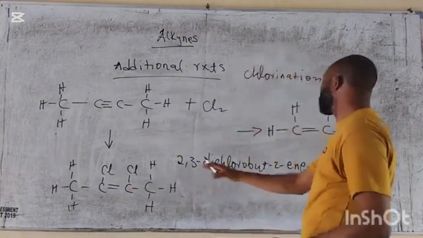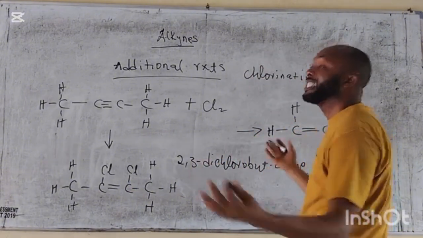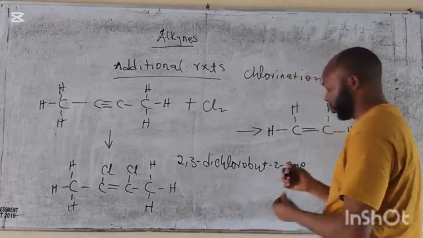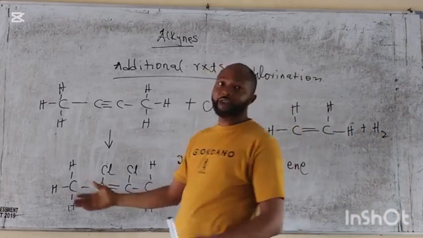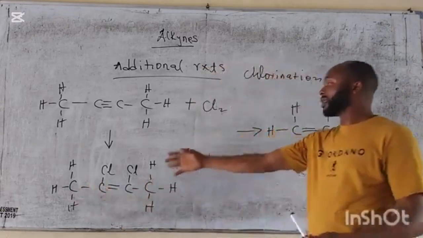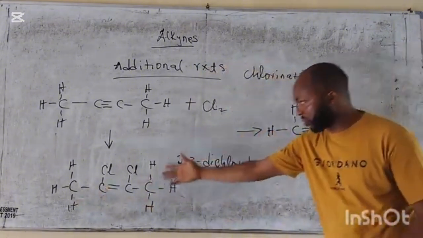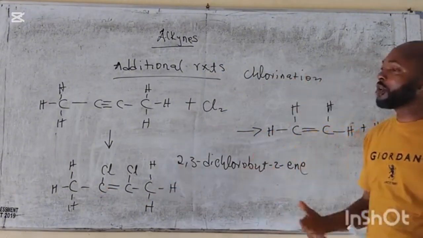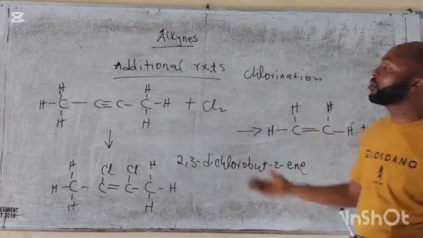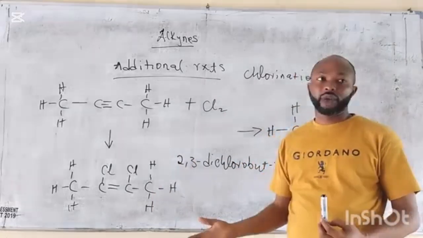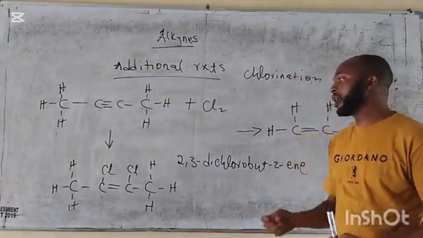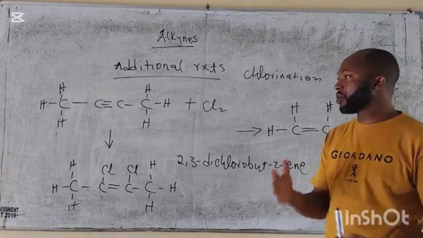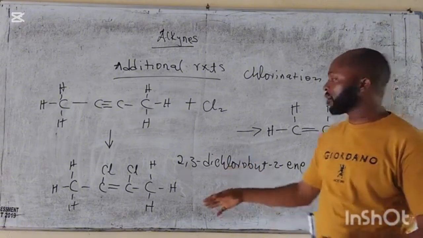Or 2, 3 dichlorobutane, any of the two you want. So that is what happened in the addition reaction. We can do it with chlorination. But remember I told you the basic principle for this is the mechanism. What really happened? We have shown it before. So just go back to the alkenes video and watch it to see what really happened.